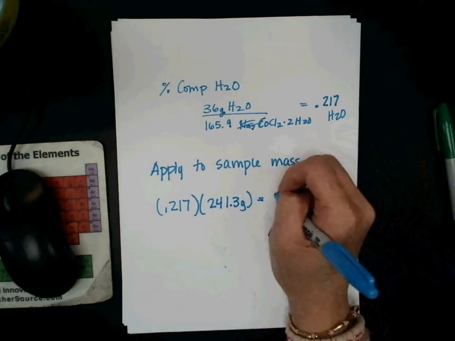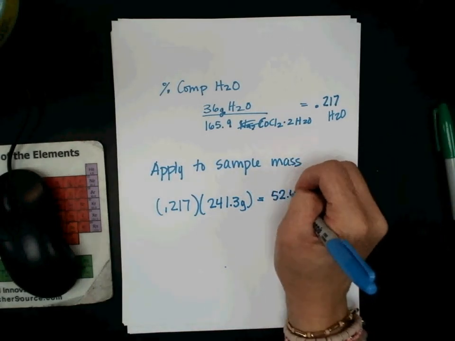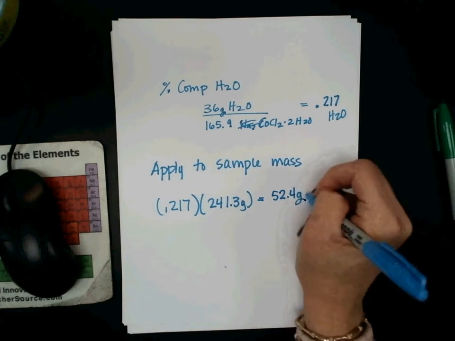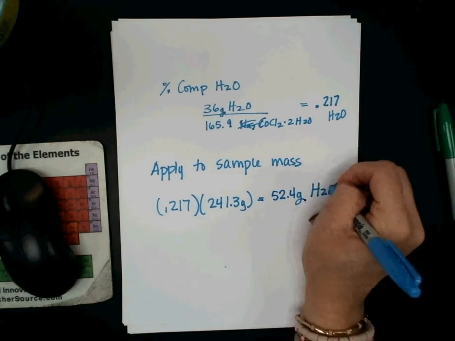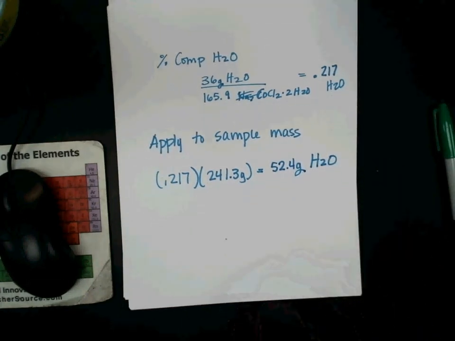I'm going to call that 52.4 grams. So how many grams of water do I have? I have 52.4 grams of water.